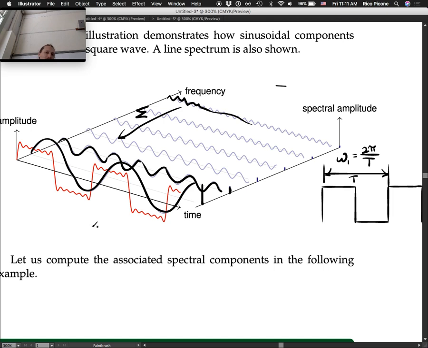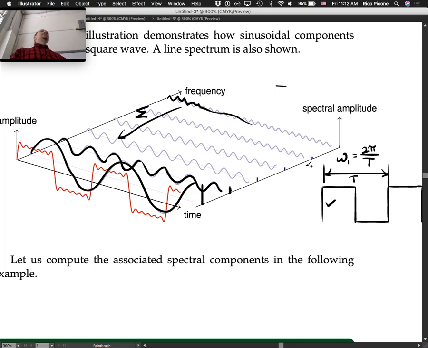And the more and more you sum up, the closer and closer you get to your representation of the square wave. So we can think of the square wave as either being this time domain function in red, or we can think of it as having this frequency domain representation, which is this spectral amplitude with the bars here in frequency.